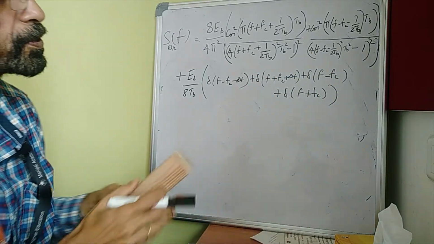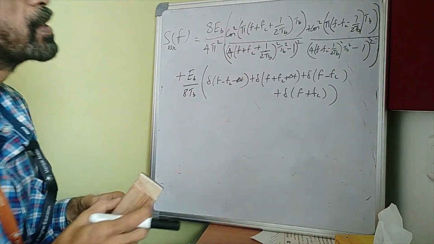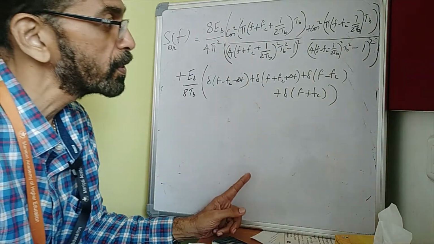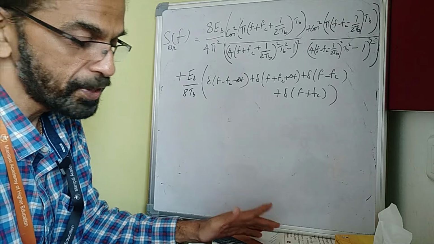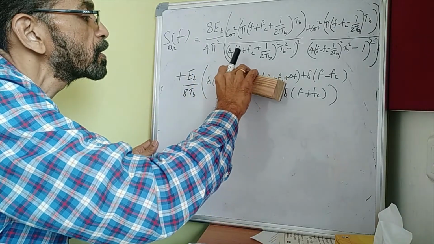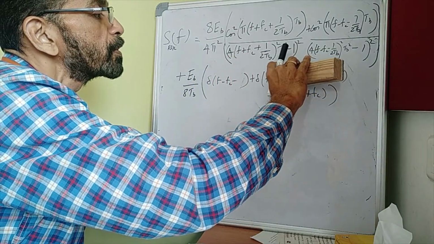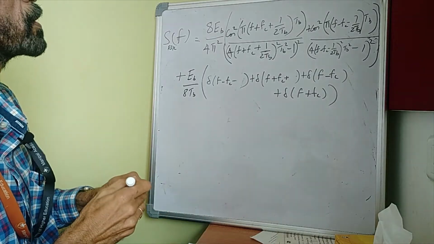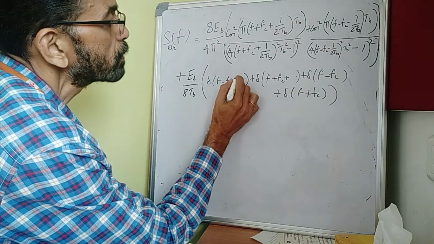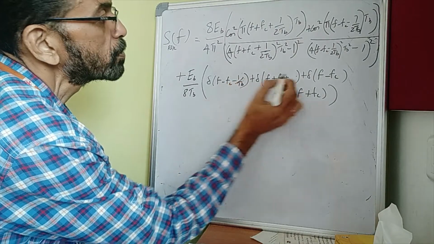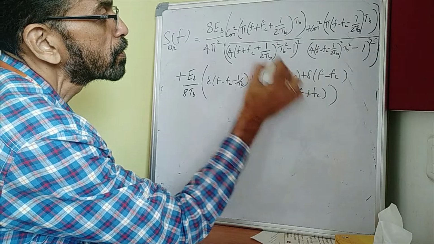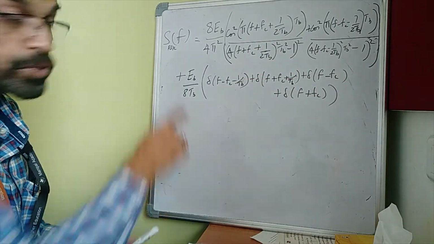This is the power spectrum, and remember this is for delta f equal to 1 by Tb. So maybe to avoid unnecessary confusion, I will write 1 by Tb. Please derive the entire thing.